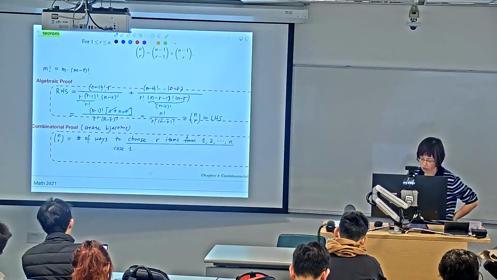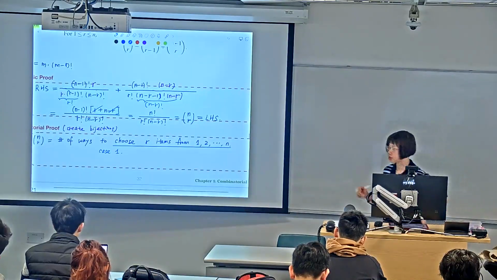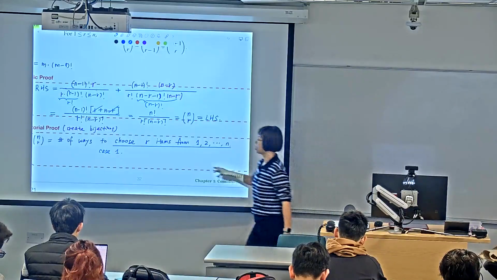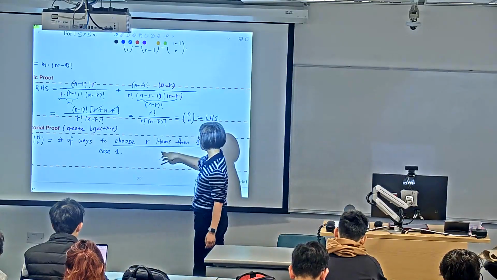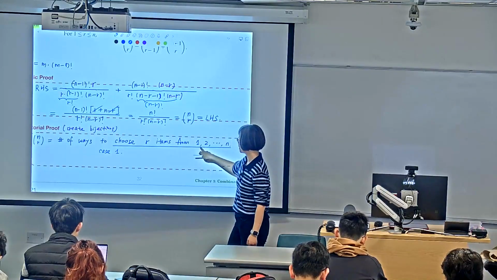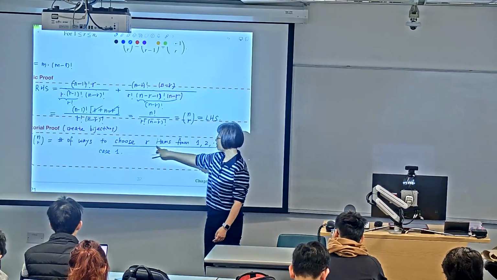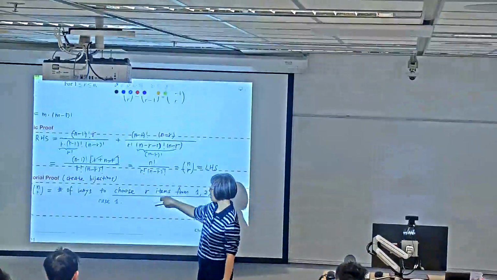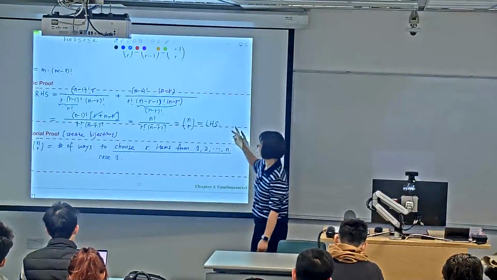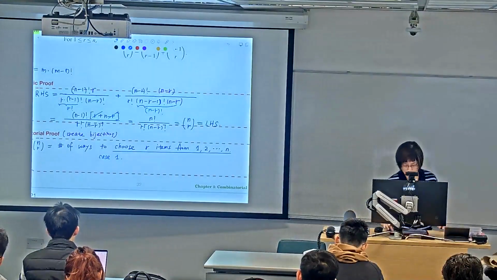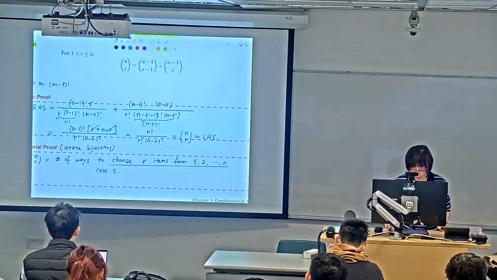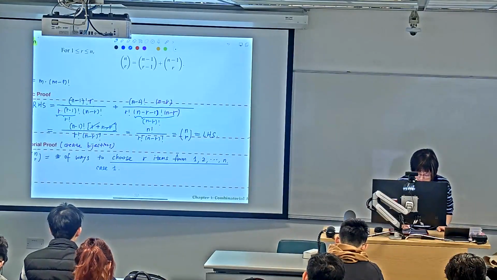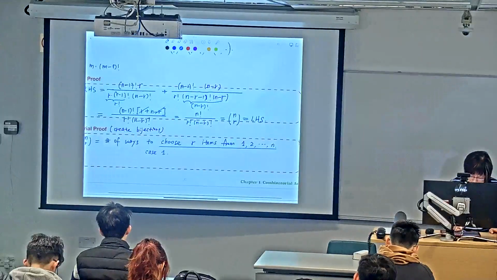So for example, we count in terms of whether a certain number is chosen among these r atoms or not. For example, we consider the case that this 1 is in these r chosen atoms or not. So there are two cases, and we count them. Each case gives a binomial coefficient. So case 1 is this particular number.